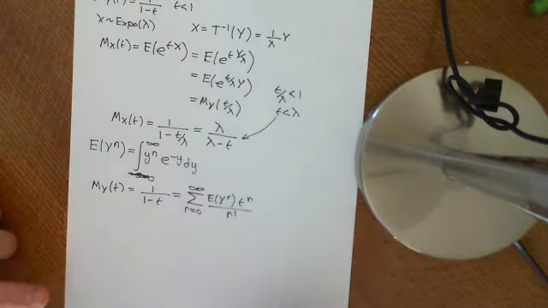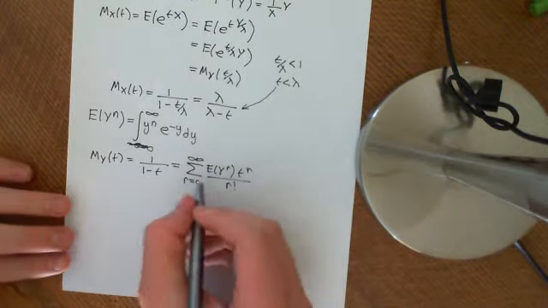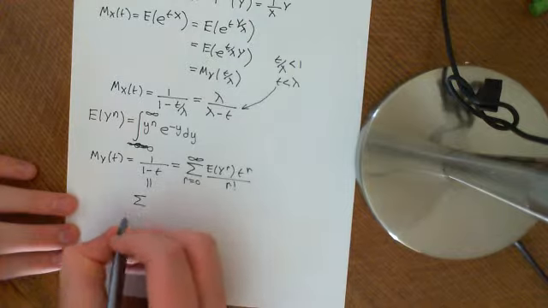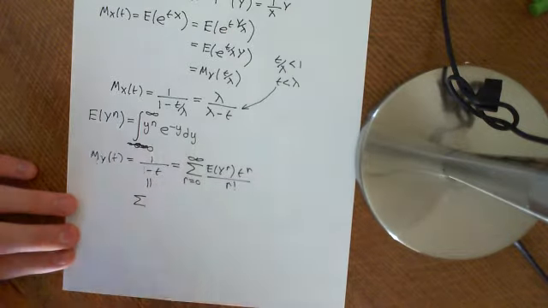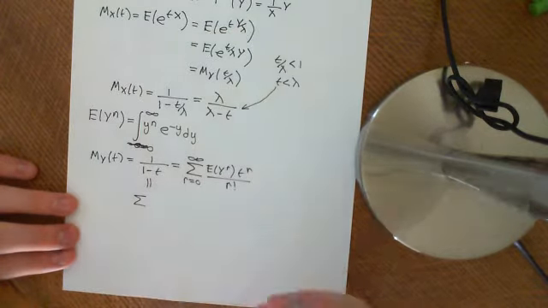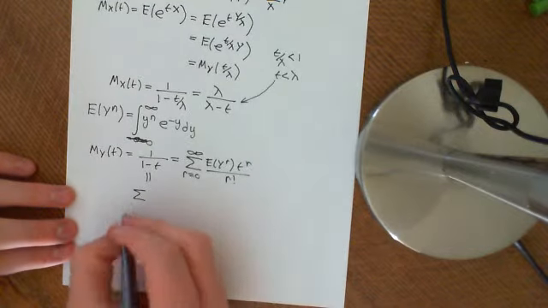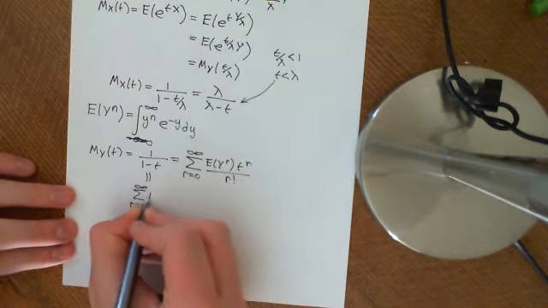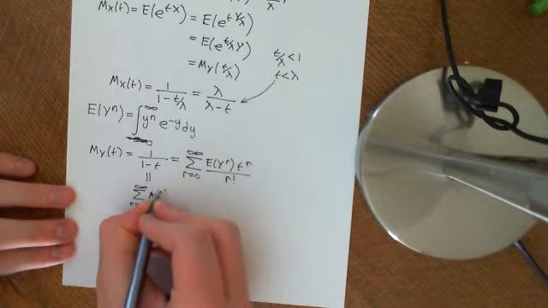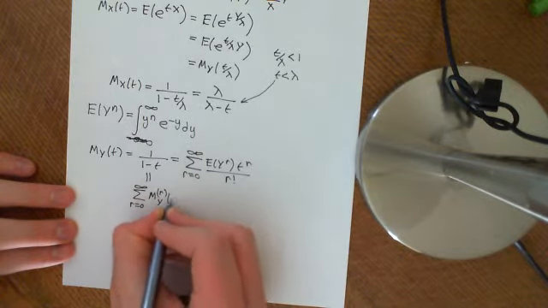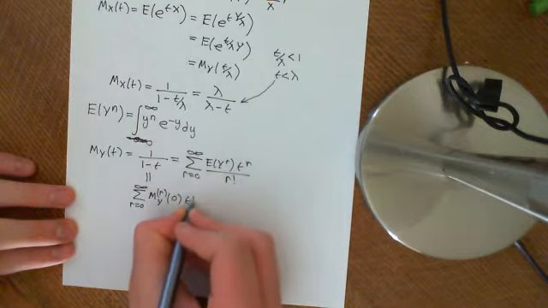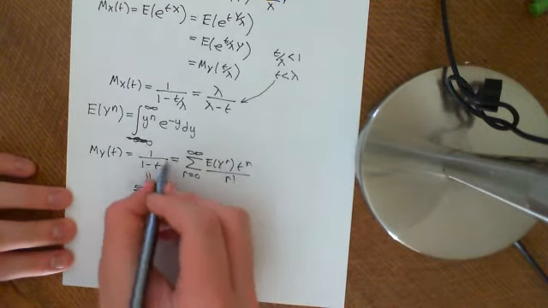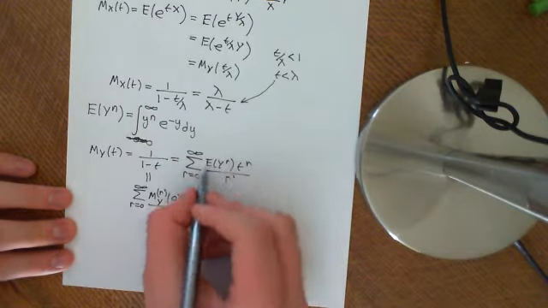We also saw in the previous video, because of the Taylor expansion, that some functions can be expanded by their Taylor expansion, and they'll be equal to the sum from r equals 0 to infinity of the rth derivative of the moment generating function, evaluated at 0, times t to the r over r factorial. So we could begin taking our derivatives of this and try to get the value of this.